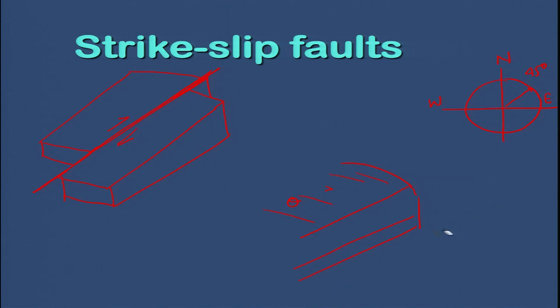So, let us move ahead. Again, strike is an imaginary line which is drawn with respect to the inclined plane. So if you have this one, then you can have the imaginary plane here.